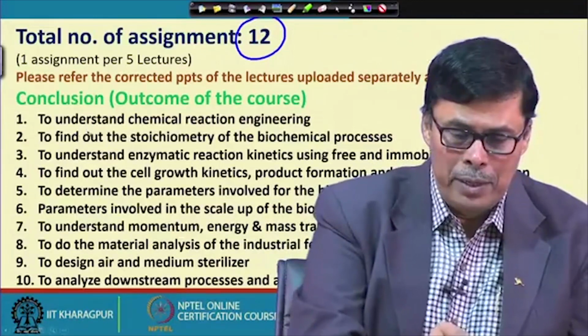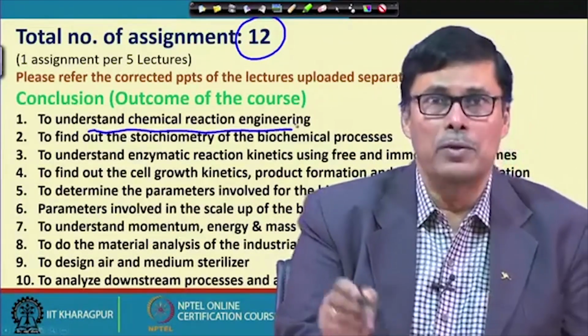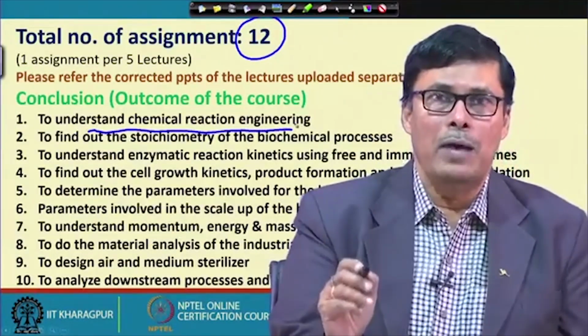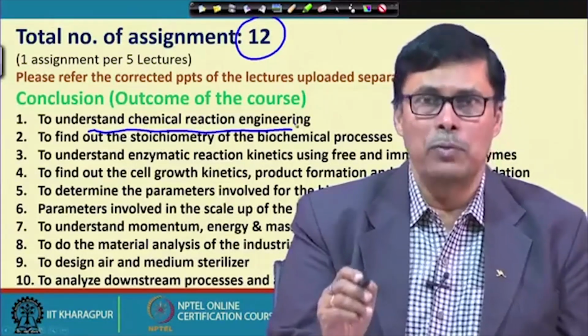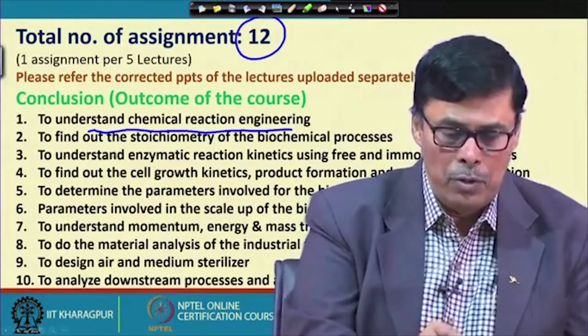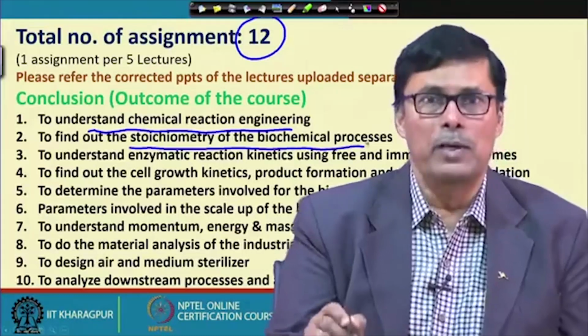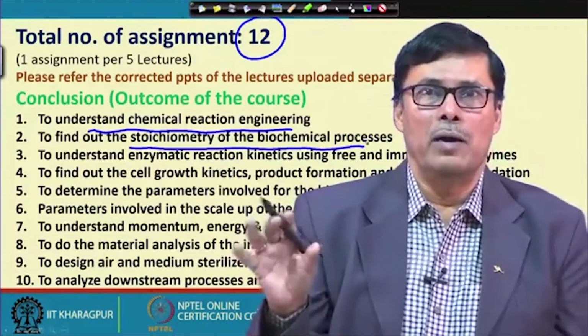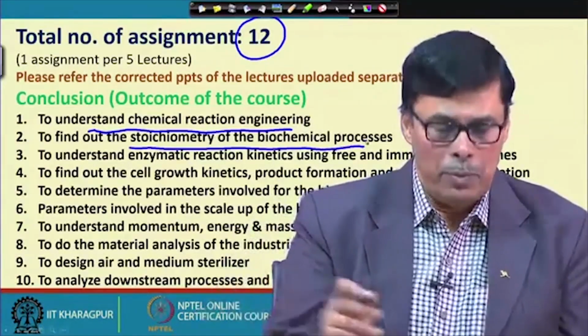To understand chemical reaction engineering, I hope you have some idea what you mean by chemical reaction engineering. To find out the stoichiometry of biochemical processes, so you get the idea how you can do the stoichiometry of the bioprocess.